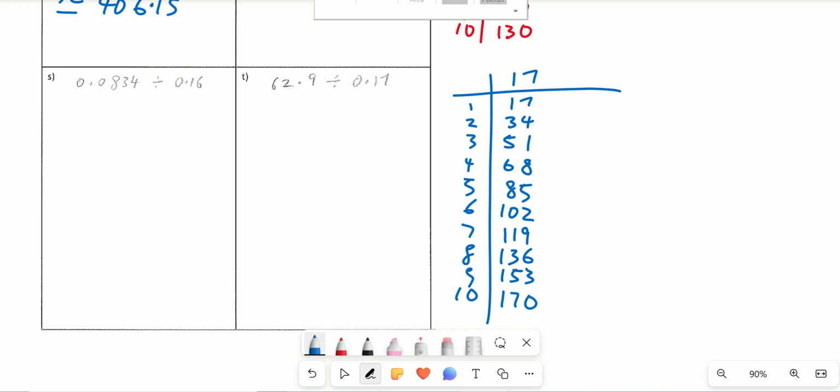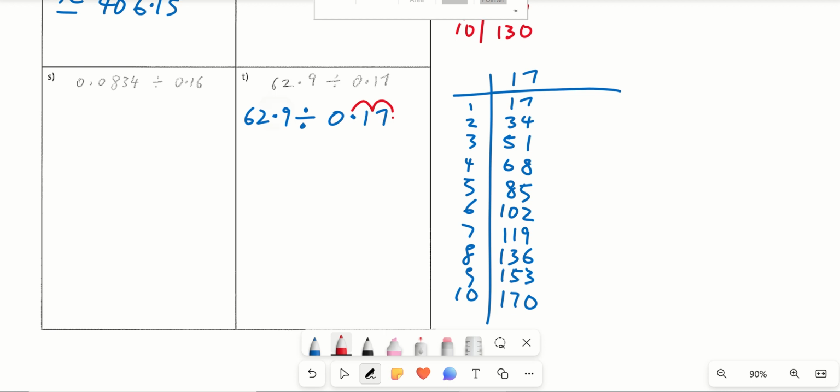So let's take a look at 62.9 divided by 0.17. So we have 62.9 divided by 0.17. Now again, we move the decimal point in the divisor 2 decimal places to the right to turn it into a whole number. And we have to do the same to 62.9.